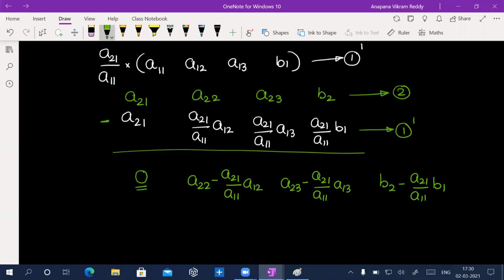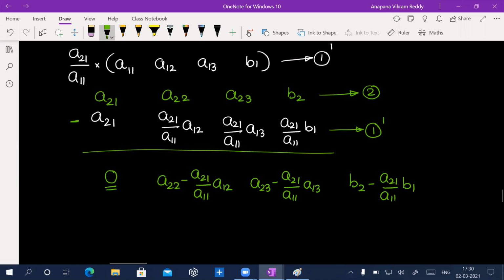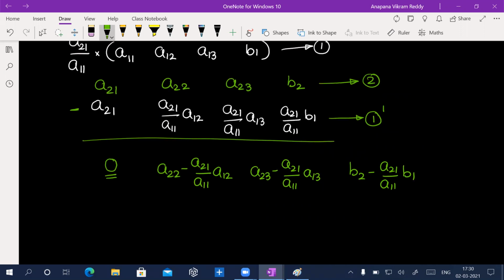Now hopefully, whatever you're seeing, you have a total of 4 terms including the 0 in green font. Now can I say this is your modified row 2, right?